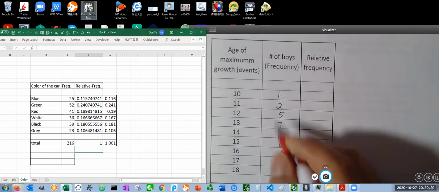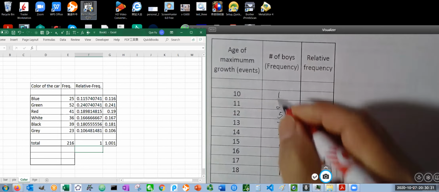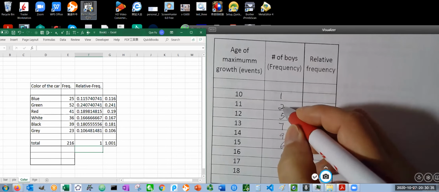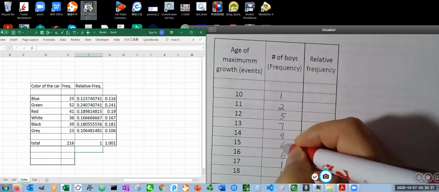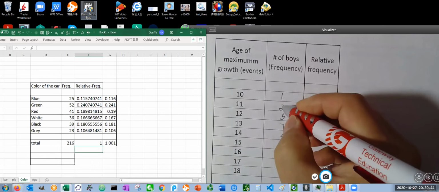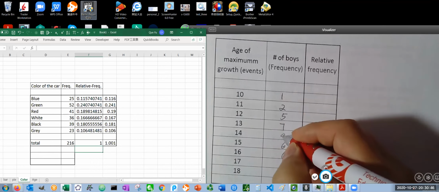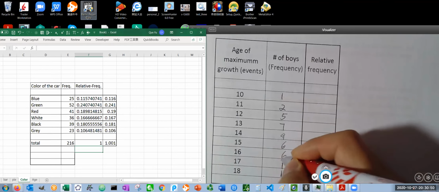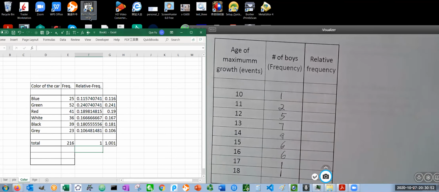So the total has to be the number of boys. If I add them together, 3, 8, 15, 24, 30, 38. Now let's do it again. Apparently I did something wrong. This 38 is supposed to be 35.